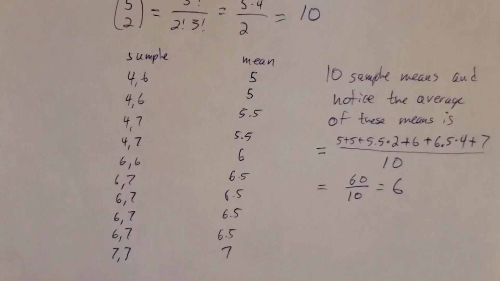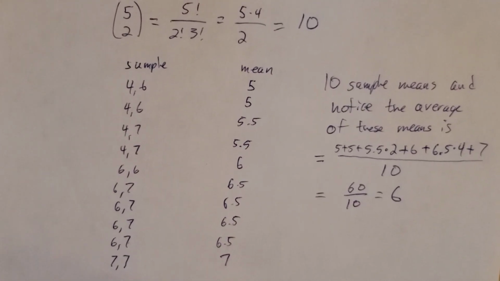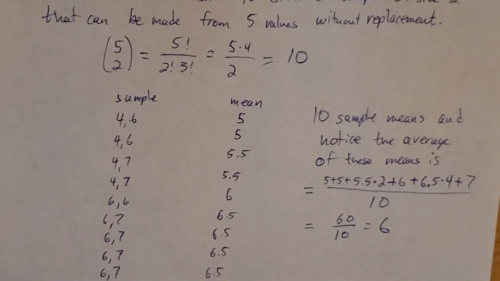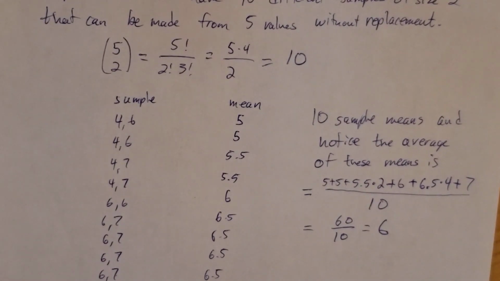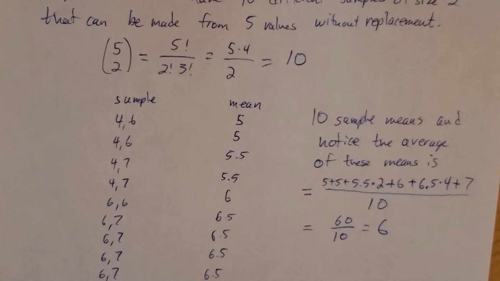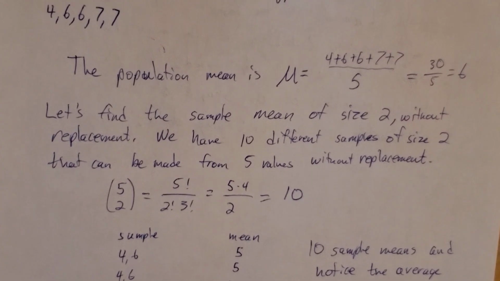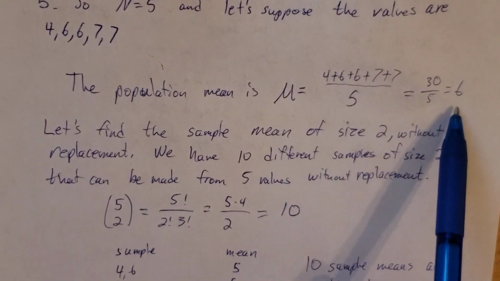What does this suggest? Well, if we break up our population into samples of a certain size, and in this case we chose our samples without replacement, and we find the mean of each of those samples, and then we average all of those means, we get the population mean that we started with.